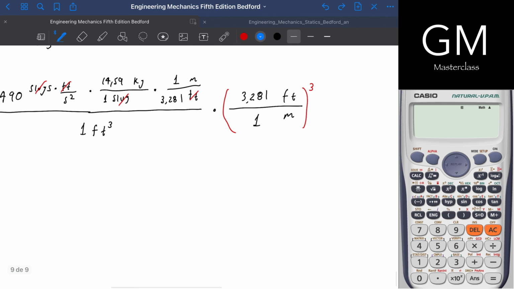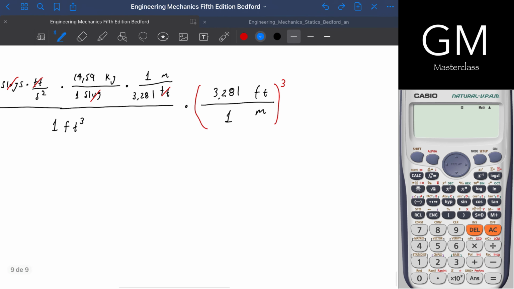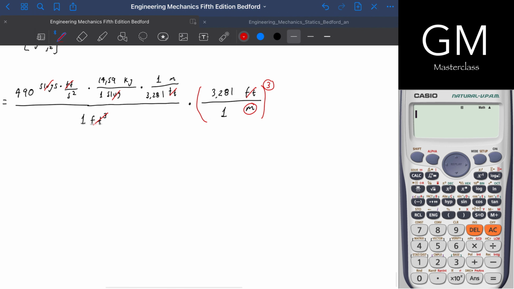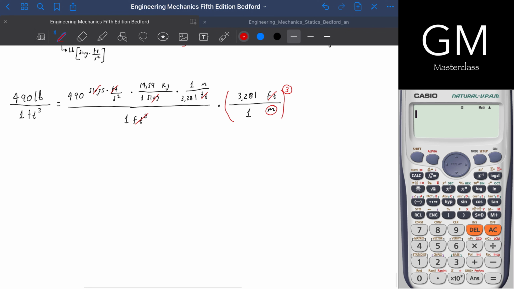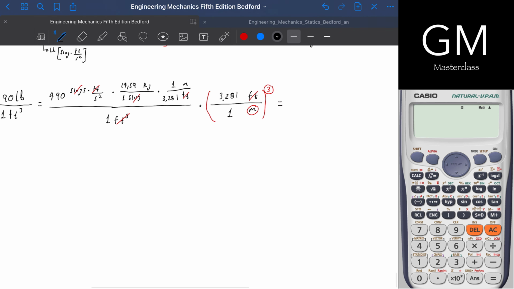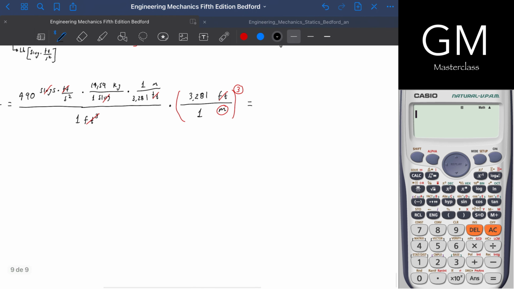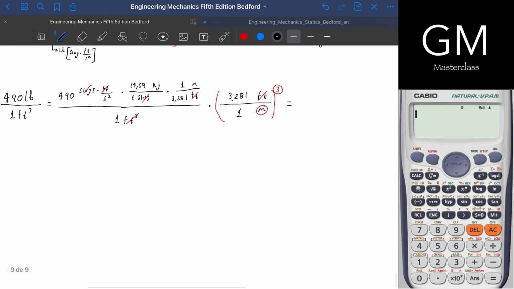So the answer would be in meters to the 3rd power. And by doing this division I'll have the result that I want. So let me write this whole thing on the calculator.